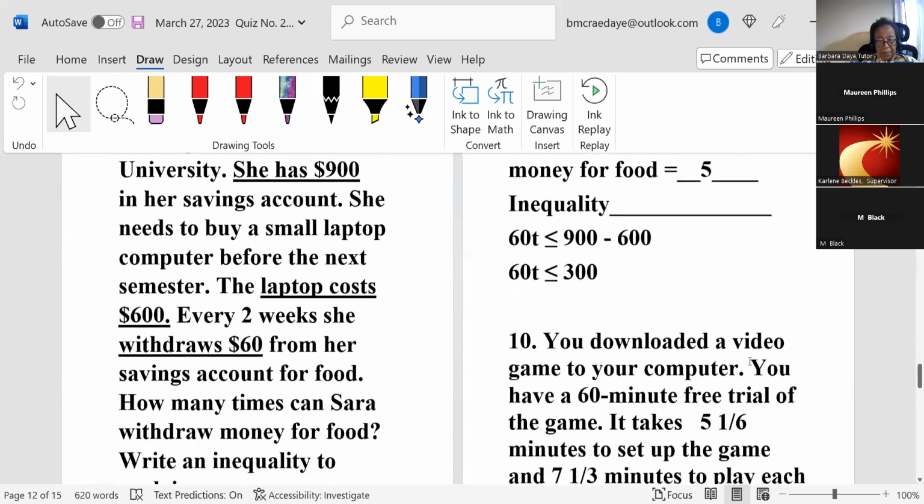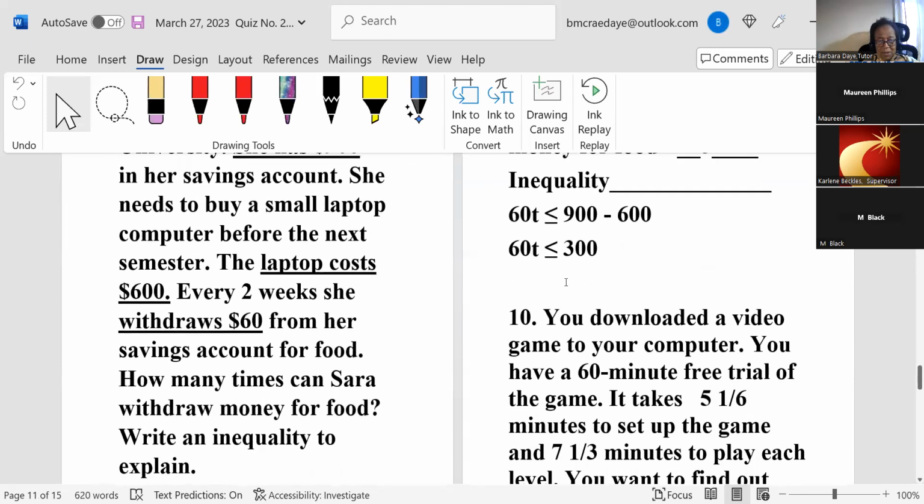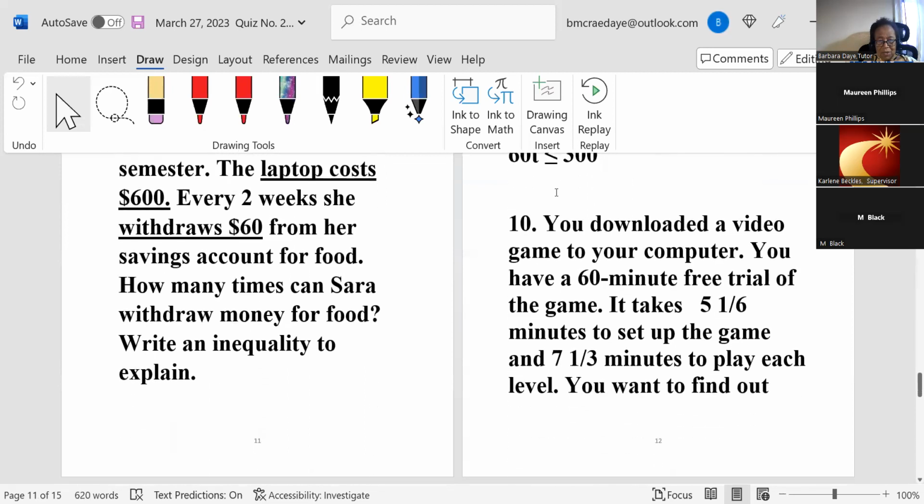All right. Now this one, I don't know what happened on this one because you both had, let's see, number 10. Number 10, Maureen's. Oh, I see, you had C. Yes, you had C and B. Can I see the answer?